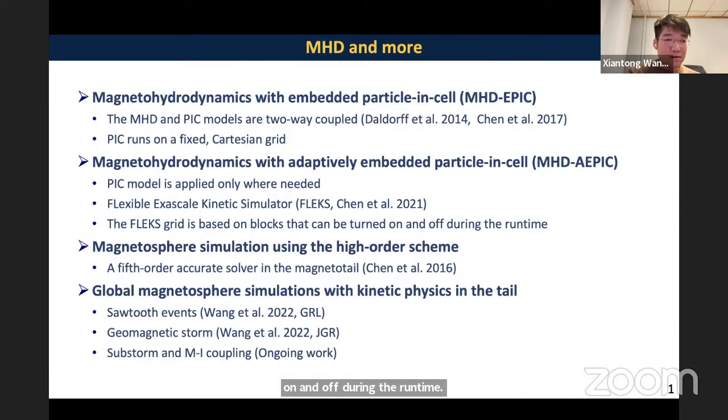We will not talk about high order schemes in this talk, but in BATS-R-US, or in the SWMF, we can also do high order schemes. In this talk, I will mostly talk about the sawtooth event simulation, or geomagnetic storm simulation, and substorm and MI coupling, which is ongoing work.